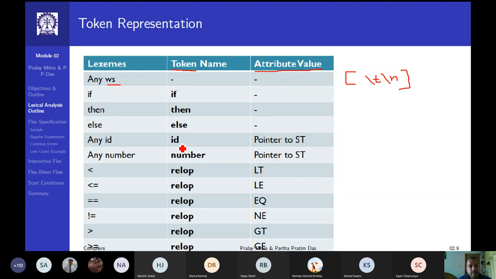That includes not only the variable name but also the name of the function. Everything will be an ID following that finite state machine. And what will be the attribute value? Actually, the name of that variable will be stored in the symbol table. ST means symbol table.